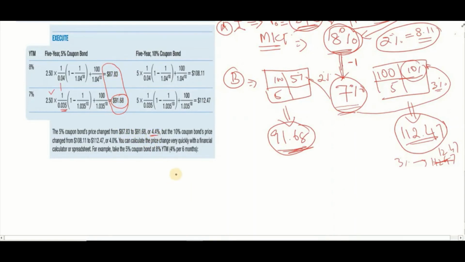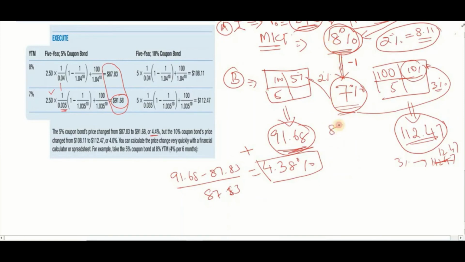So you can calculate it: 91.68 minus 87.83, divided by 87.83, the answer would be 4.38%. Okay, so this is the percentage change. So it means the price increased. Why? Because YTM decreased, right?